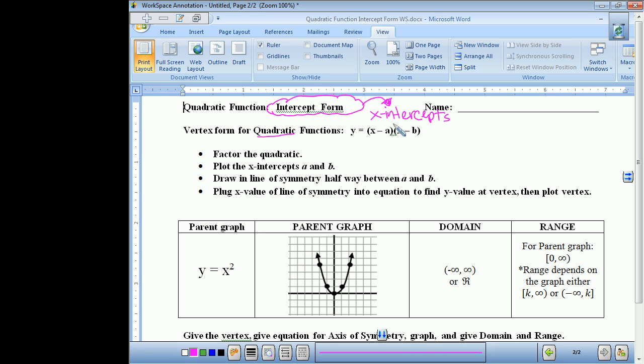What does that tell us about the degree of our polynomial if it's quadratic from last semester? It's 2. It's the second degree. Quad, you know, a lot of times quad does mean 4, but quadratic tells us it's a second degree polynomial.